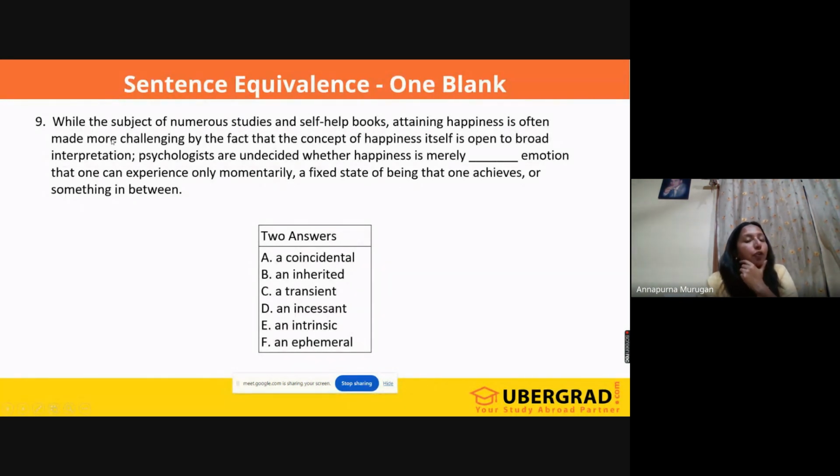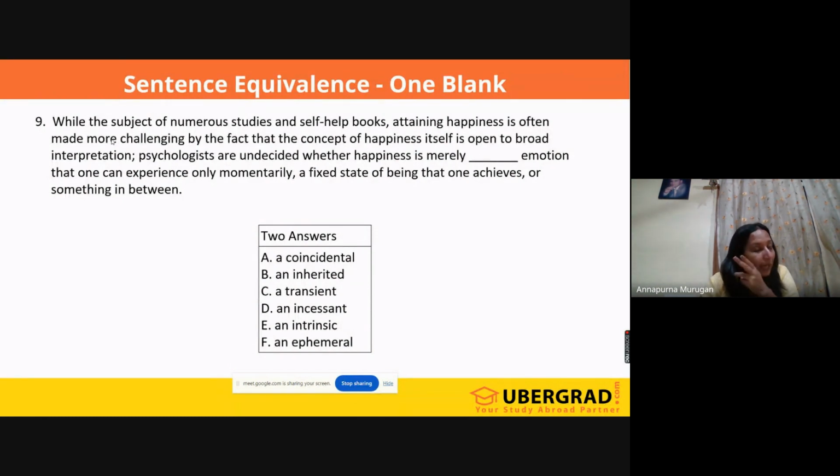The subject of numerous studies and self-help books, attaining happiness is often made more challenging by the fact that the concept of happiness itself is open to broad interpretation. So whatever the books, everything that we have, that is leading us to the challenging fact that happiness is very broad and open to interpretation.